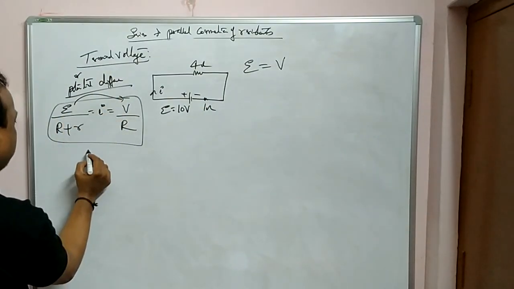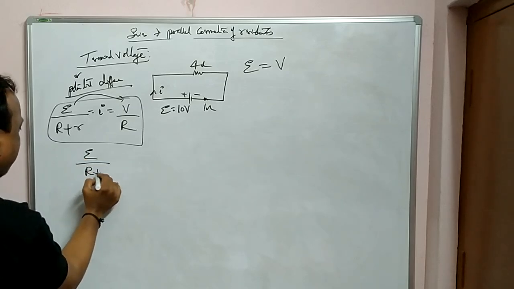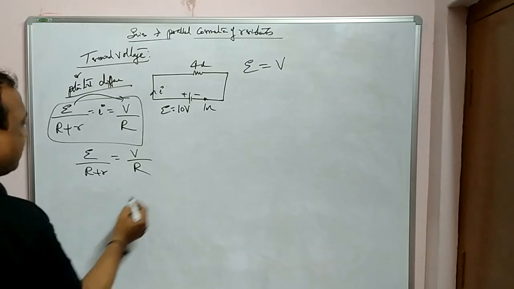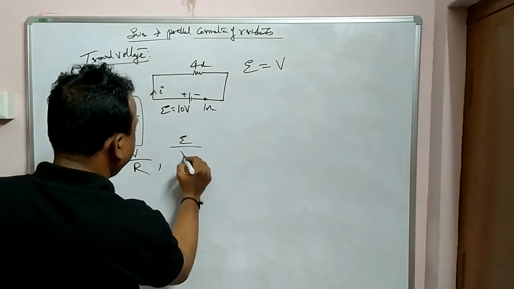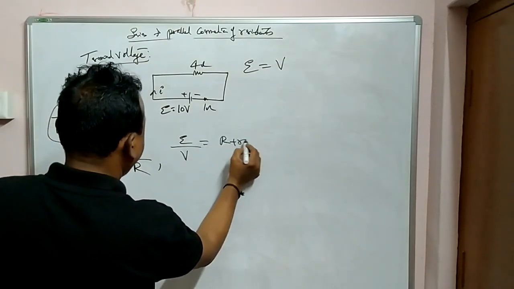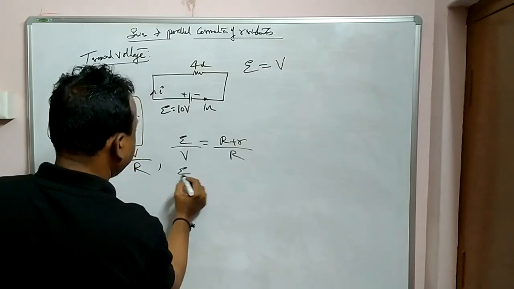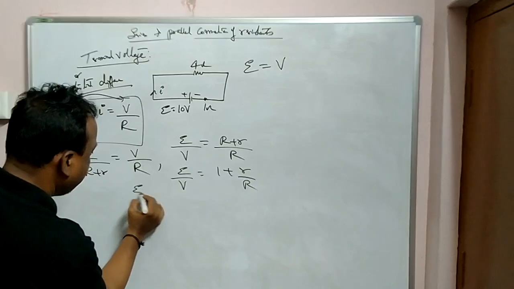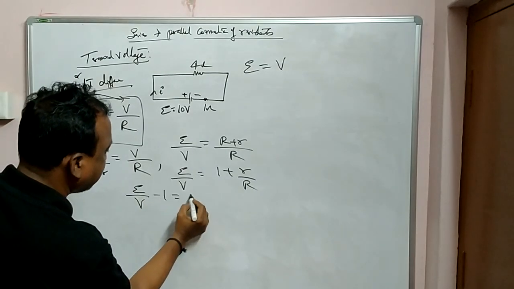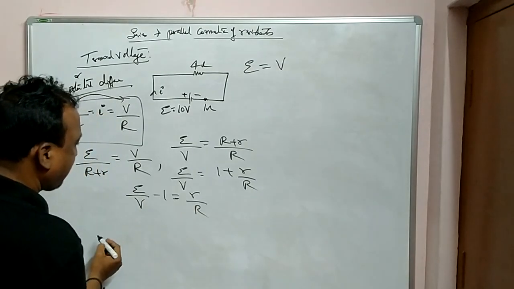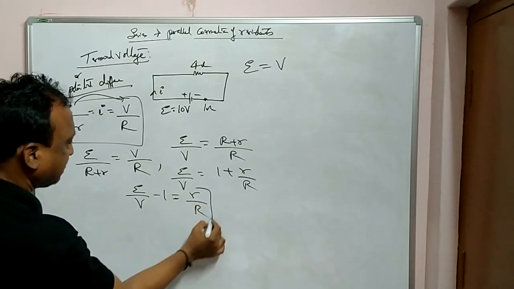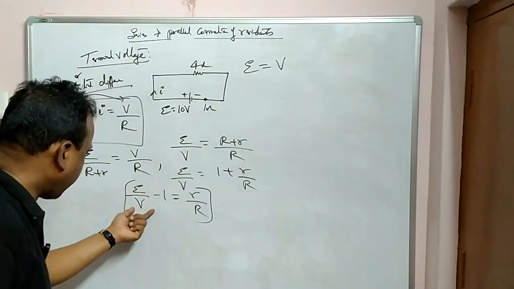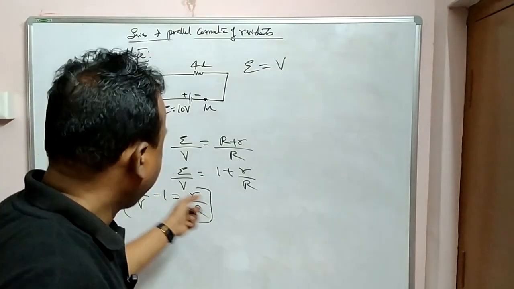See this one, E by big R plus small r is equal to V by R. Or E by V is equal to big R plus small r by big R. That is, E by V is equal to 1 plus r by R. Or E by V minus 1 is equal to r by R. Very, very important relation this one, regarding internal resistance, external load resistance, potential difference or terminal voltage, and EMF.